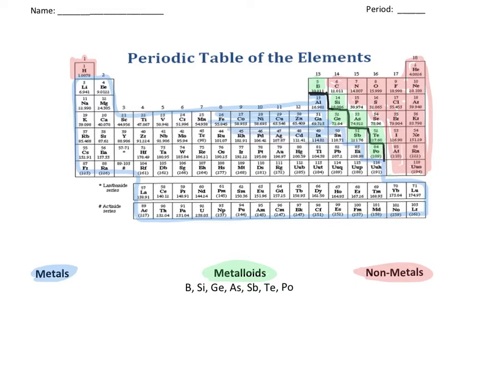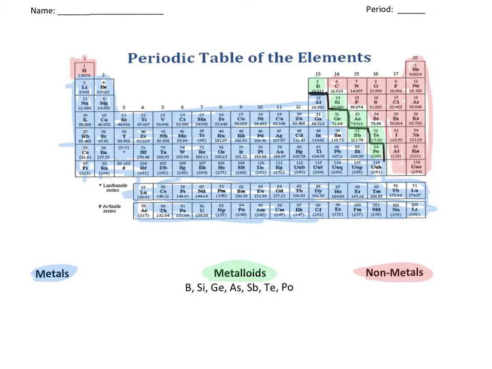So it's a lot of coloring to do. And if you'd like, you can just outline them as opposed to coloring them in. It's really up to you. But these are all metals. So you can see there's a lot more metals than nonmetals or metalloids on the periodic table.